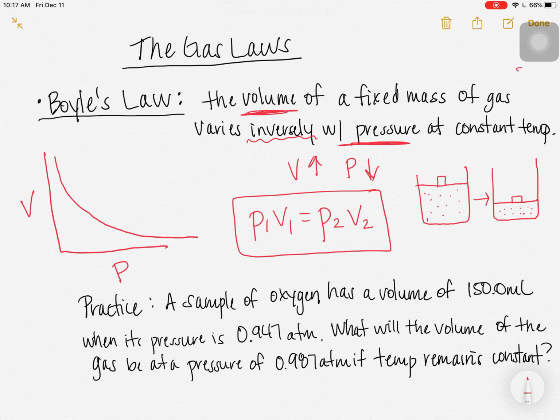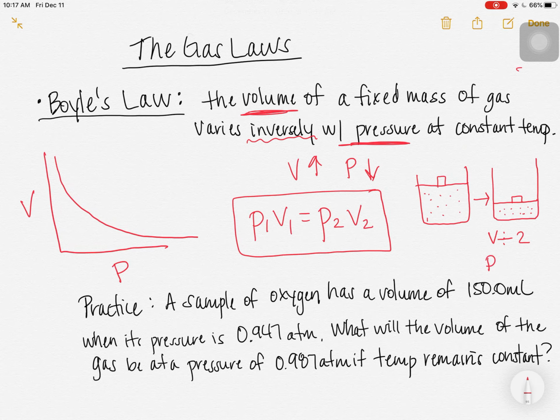Okay, so what happens? Well, my volume decreased, and I'm going to be more specific in my example here to say, let's say that my volume was divided in half, right? So my volume was divided by 2 when I pushed that piston halfway down into the container.